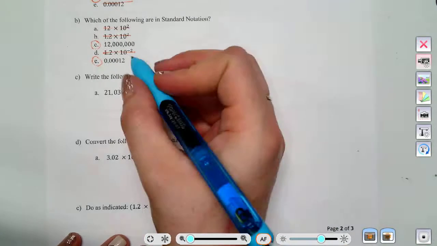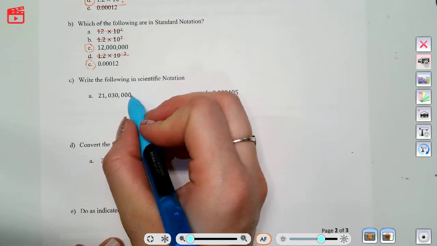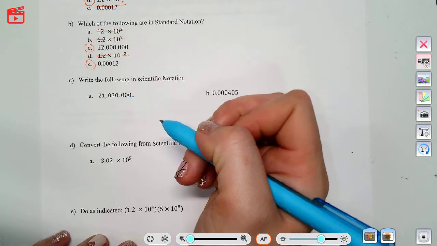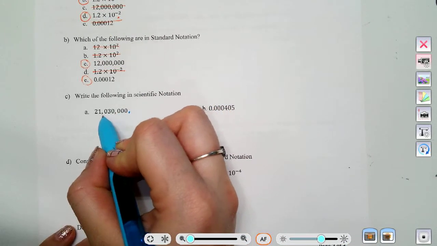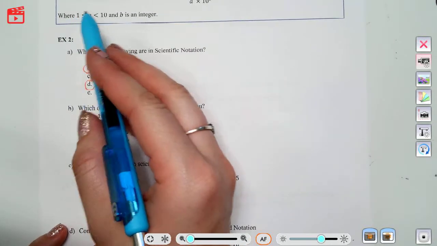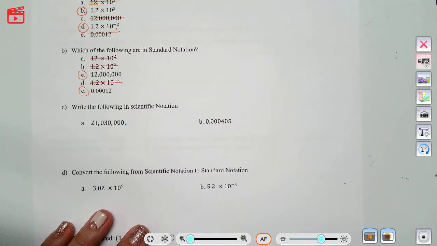So where is the decimal point in the beginning? That's a great question. The decimal is actually right over here. I'm going to move it as many times as I need to until I get a number between 1 and 10. At the moment, this number is definitely not between 1 and 10.